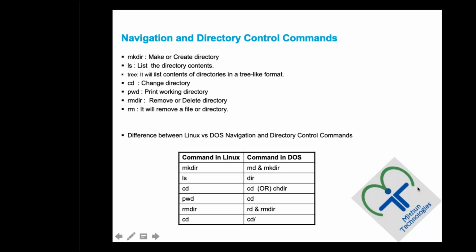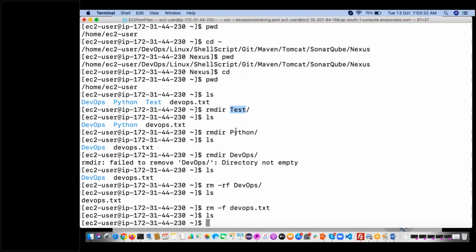Okay, Dinesh Reddy is asking to please explain one more time about rmdir and rm. By using rmdir, you can delete empty directories only. See here, test and python were empty directories, so we deleted them using the rmdir command.